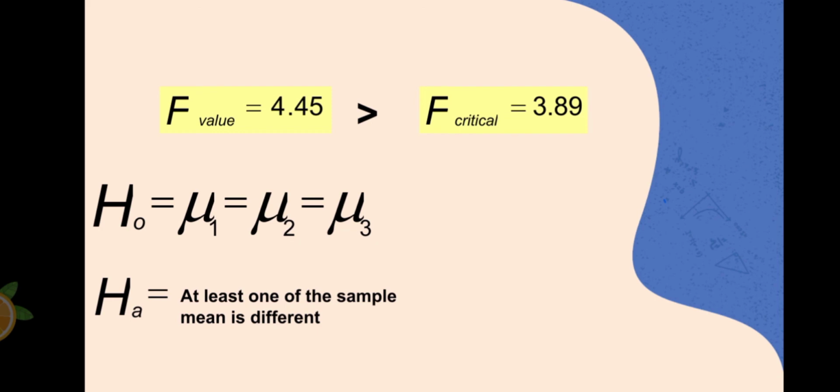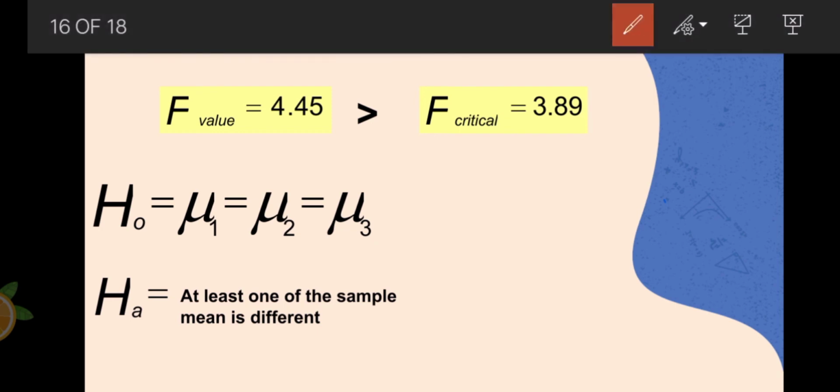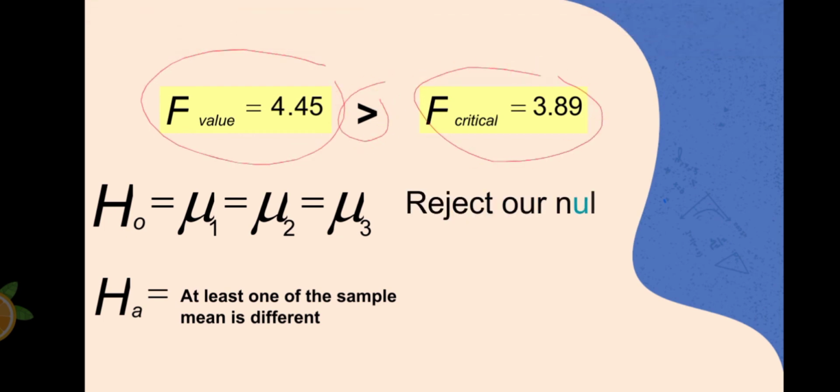So if this F value is greater than the F critical, we have to reject our null hypothesis.